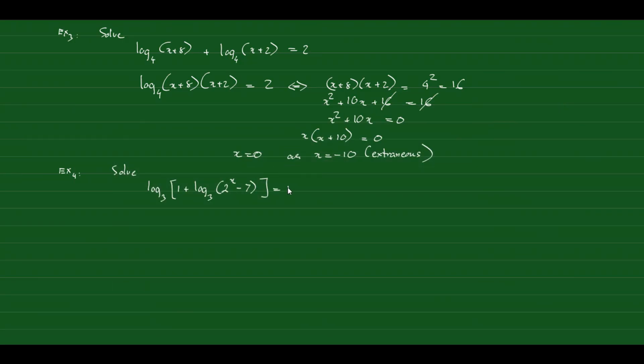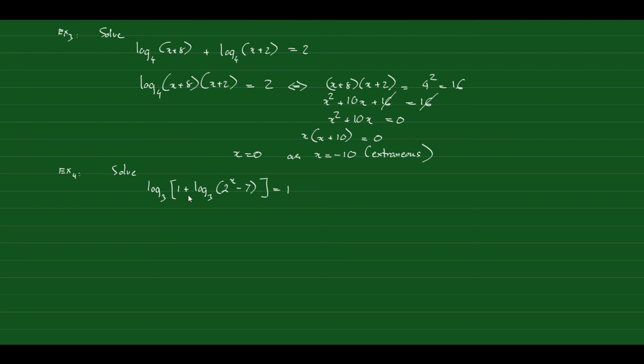So this is kind of an interesting problem here. We have 2 logs, and we have to recognize that everything inside this bracket is the argument of the log, and everything inside the parenthesis here will be the argument of this log.